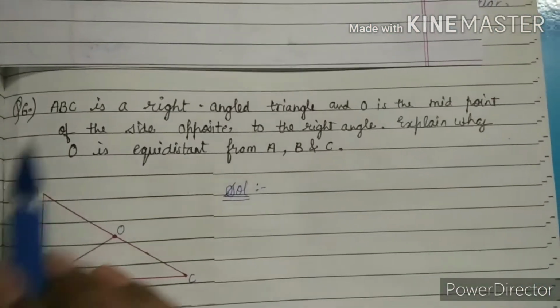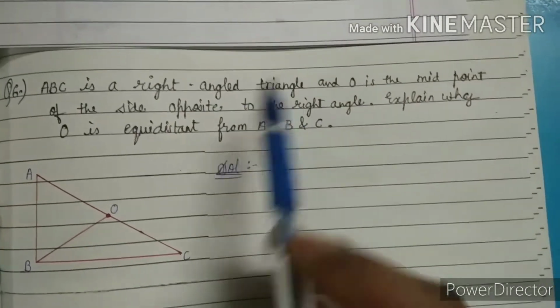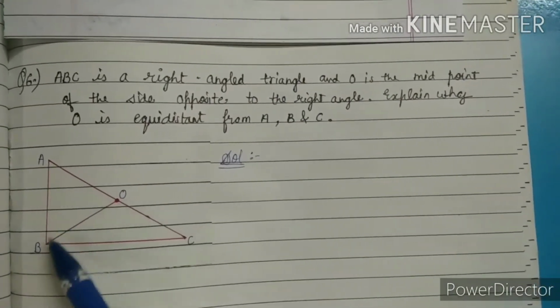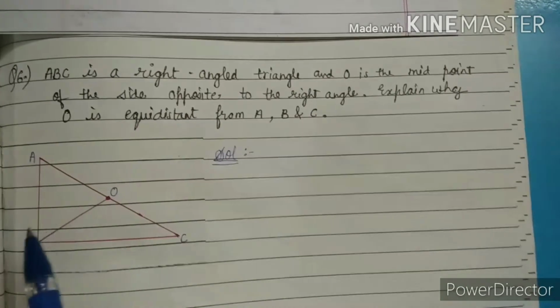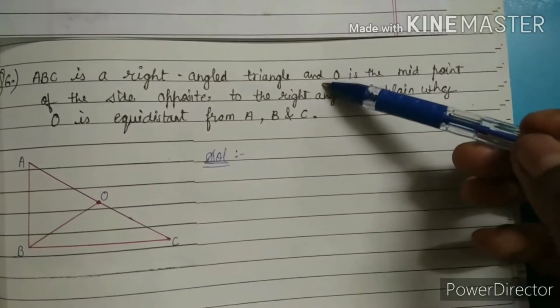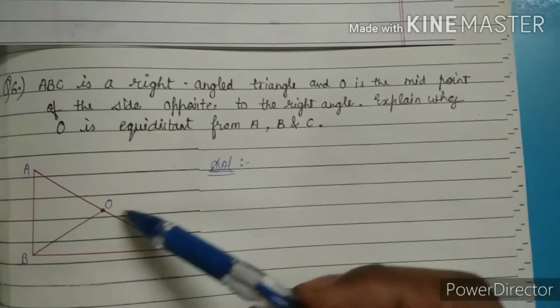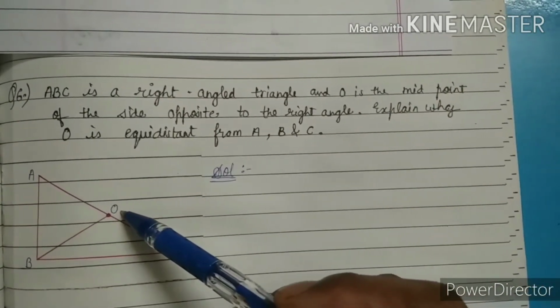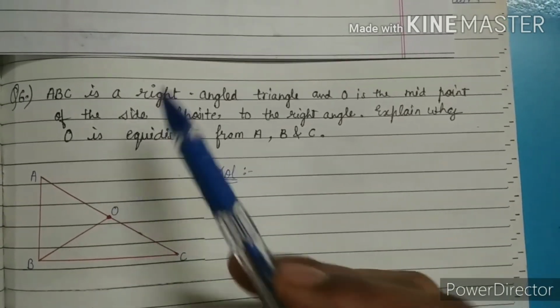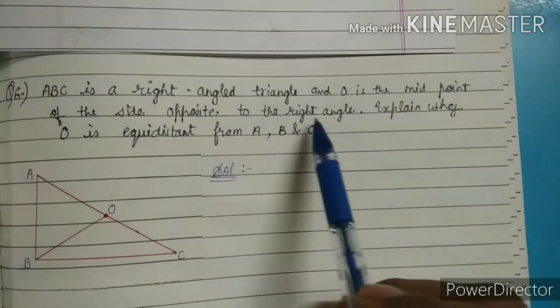Question number 6: ABC is a right angled triangle. It means in the given figure ABC, we have a right angled triangle. And O is the midpoint. Have you seen O? Yes, here is O. O is the midpoint of the side opposite to the right angle.